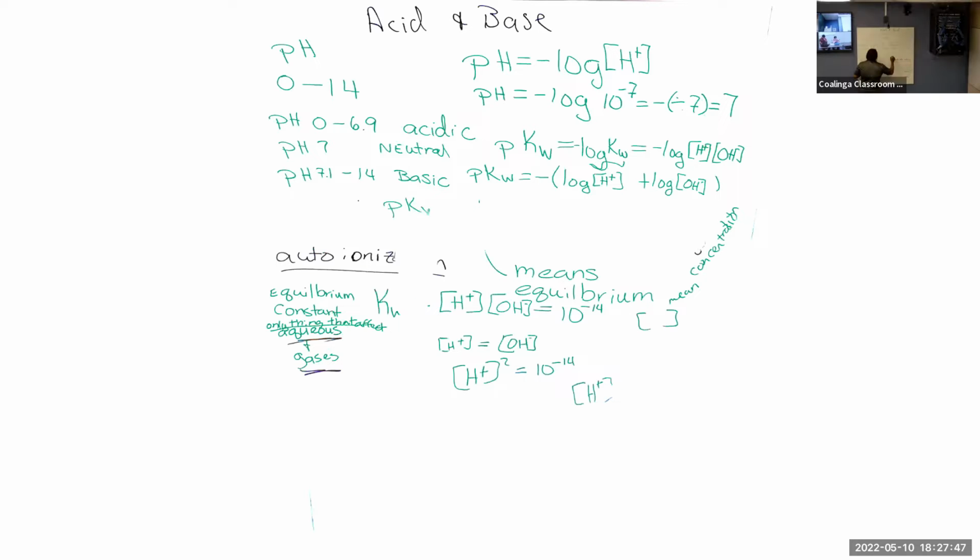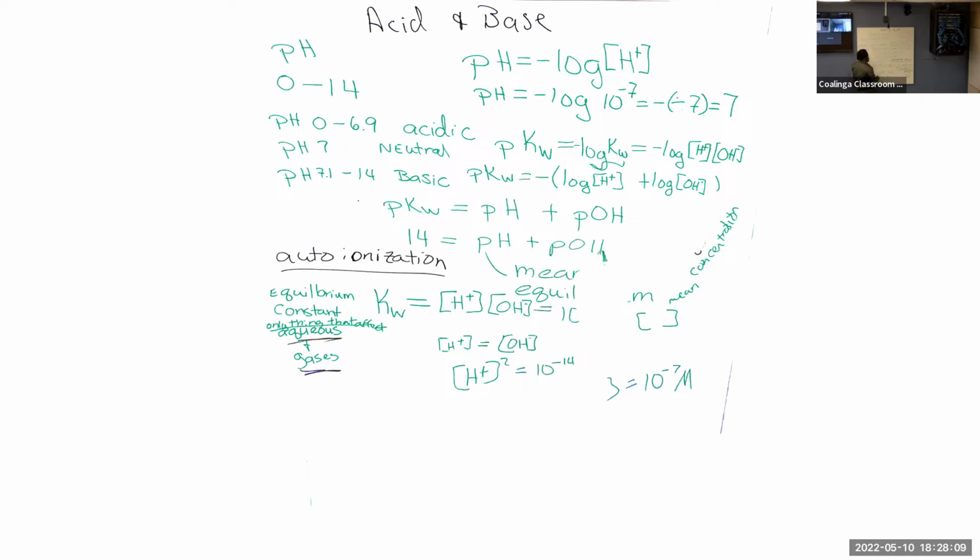So again, pKW is equal to pH plus pOH. We know that pKW is always a constant, it's always the same thing. That's always going to equal 14. So we get 14 is going to equal pH plus pOH.